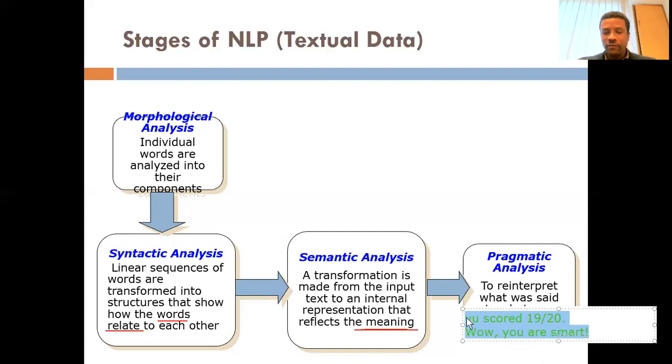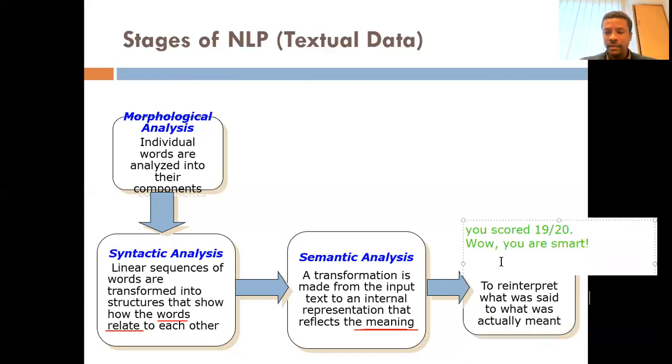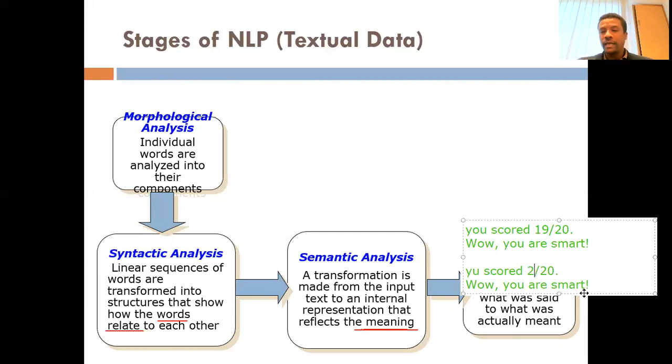But if I say you scored 2 out of 20, and then I say wow, you are smart, then you know that the second "wow, you are smart" and the first "wow, you are smart", even though the words are the same, the structure is the same, the presentation is the same, they don't mean the same thing.